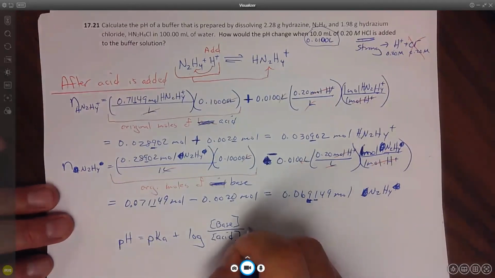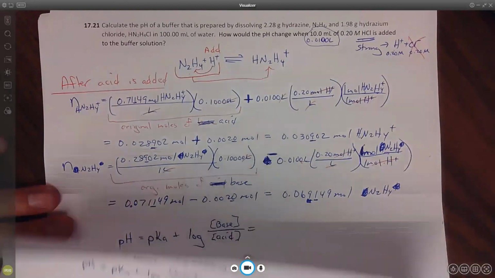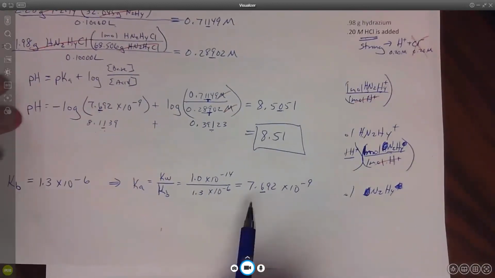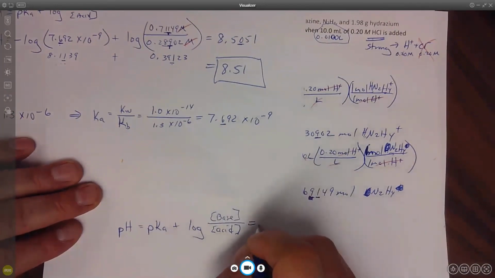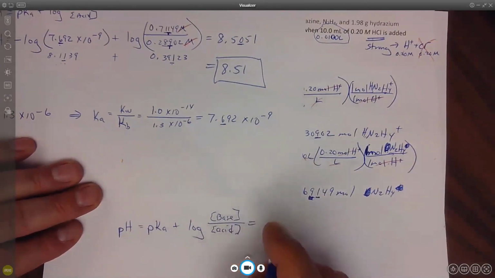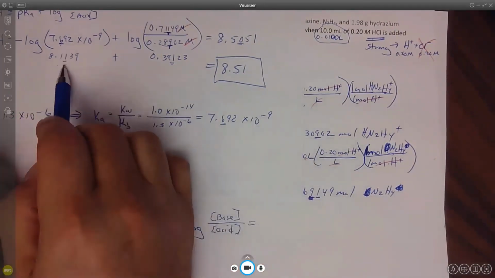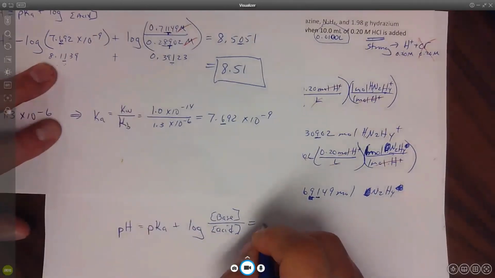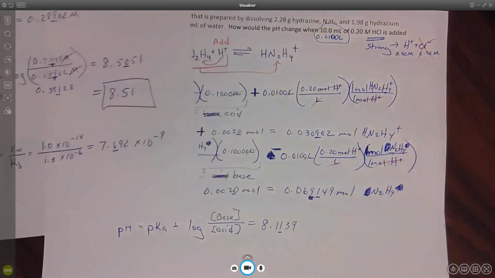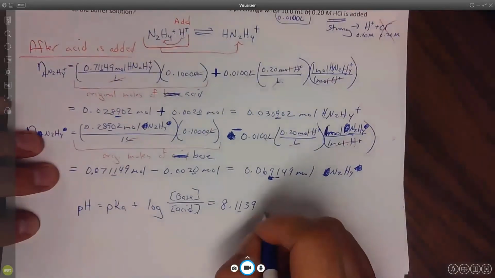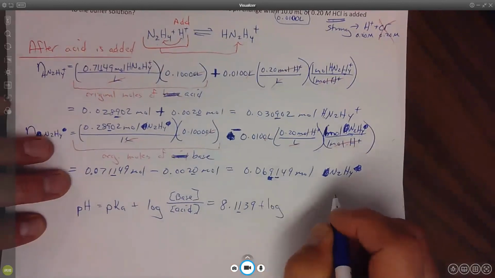Now we've already established from the first part of this problem that the Ka was this value here. So we calculated it, and it ended up being this, right? 8.1139. And we now have the new base and acid amounts.